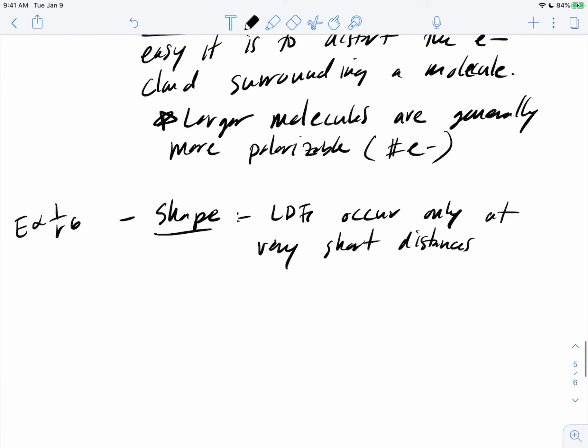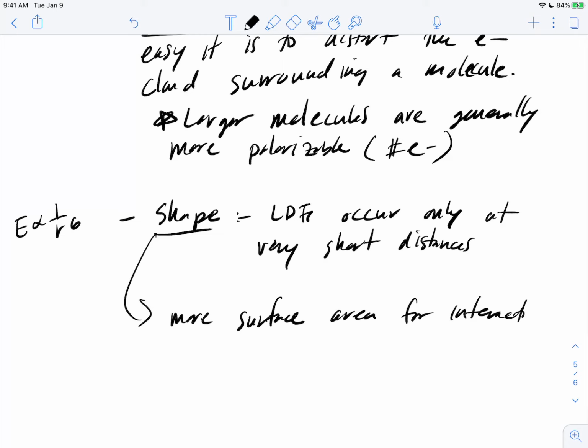So shapes that have more surface area for interactions between molecules will result in more dispersion forces.